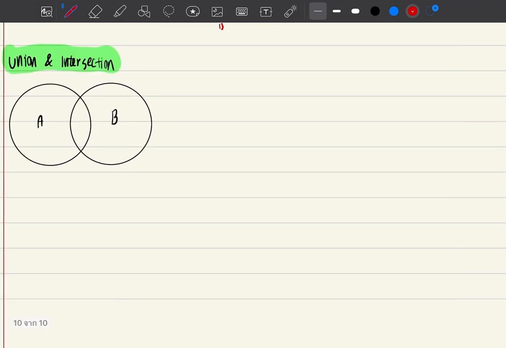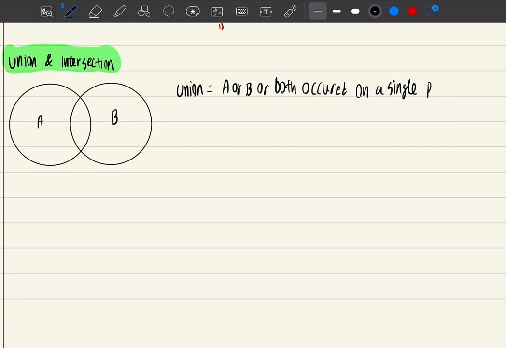And the last part for today is union and intersection. So first, union. Union is when A or B or both occur on a single performance.